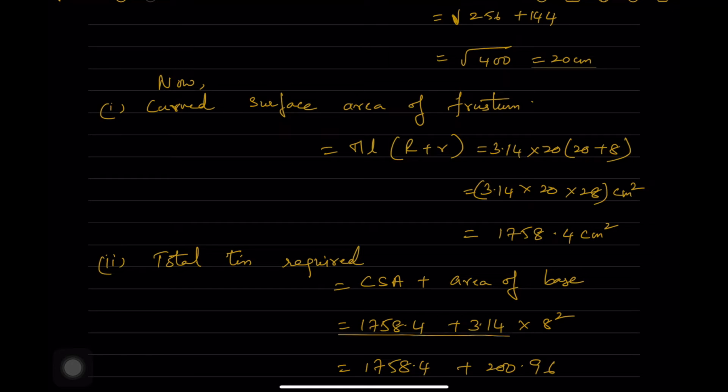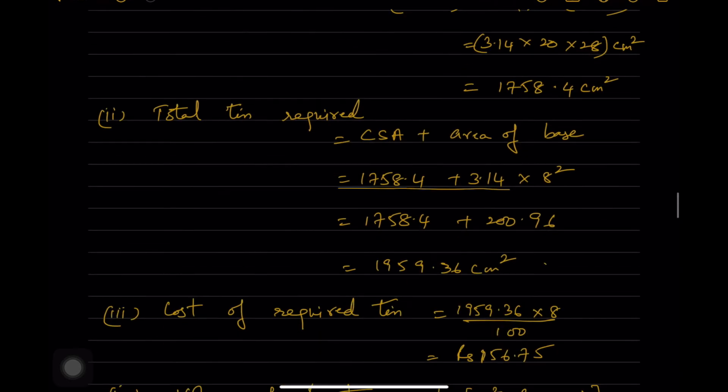So the total metal sheet required is equal to CSA plus the area of the base. So CSA is 1758.4 plus pi r square of the smaller end, because it is closed down there. So 3.14 into 8 square, which is equal to 200.96, plus 1758.4, which is 1959.36 centimeters square.